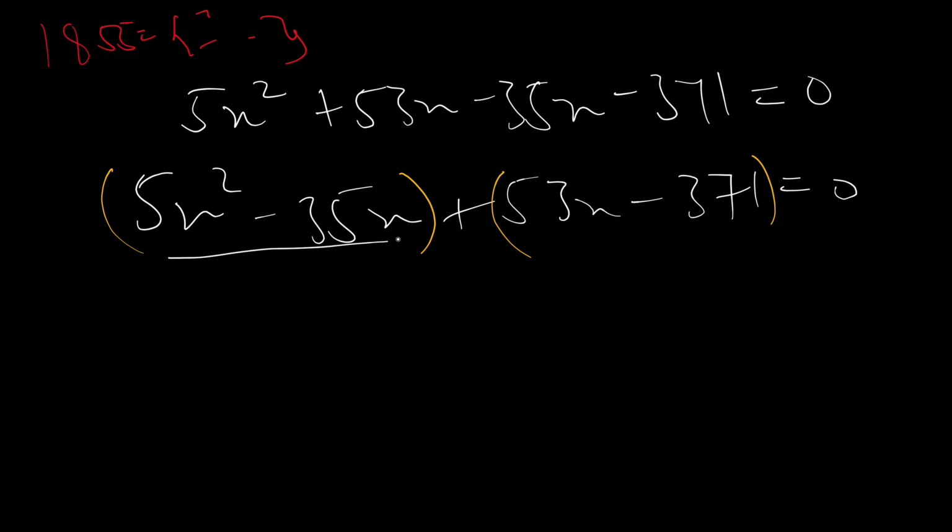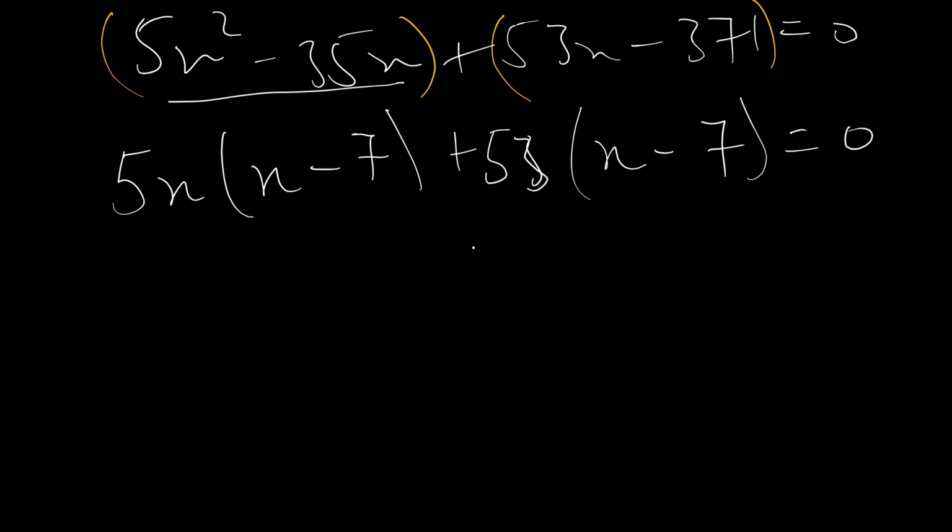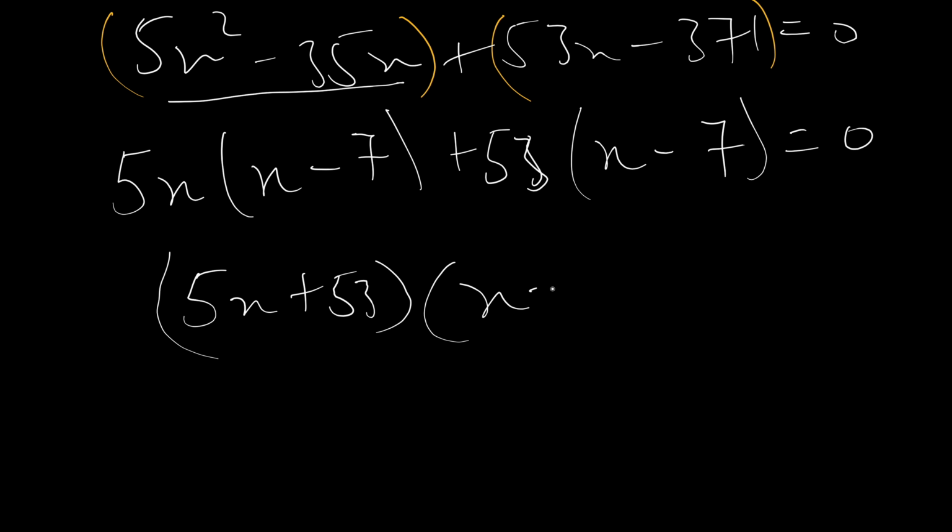So when we take this, you have 5x multiplying x minus 7. So 5x times 7, we have 35x plus 53 multiplying x minus 7. So 53 times 7, we have 371 is equal to 0. So we can have 5x plus 53 times x minus 7 is equal to 0.